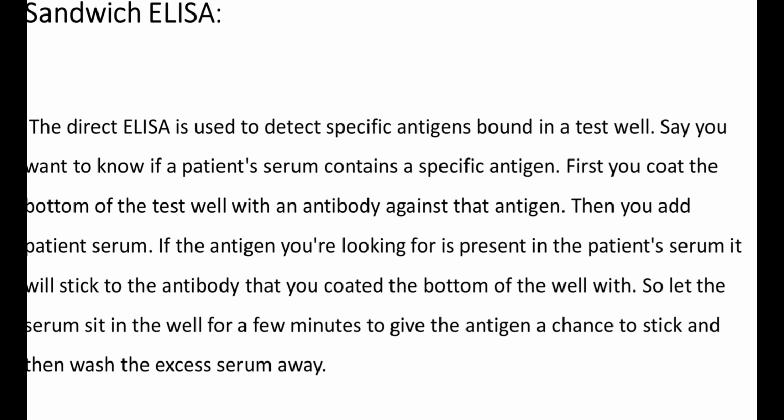When that complex is formed, we wash to remove the excess serum, then add the enzyme linked antibody. That enzyme linked antibody binds to that complex and the enzyme becomes activated. When the substrate is added, it reacts with the enzyme and develops the color change. That color change can also be measured and gives the quantitative result.